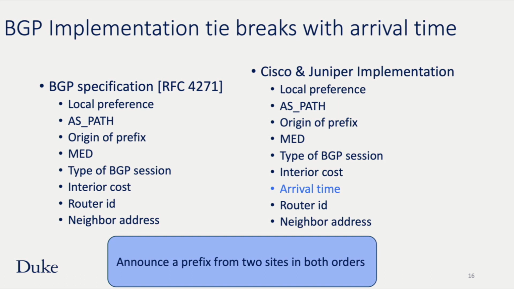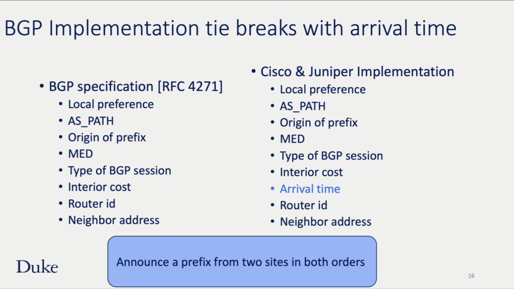But on the right side, there is the cutting edge, state-of-the-art implementation of BGP tie breaking. So we saw that there is one more additional factor here. That is the route's arrival time. That means if all the above factors are the same, the routers will just use the arrival time to select the optimal path.